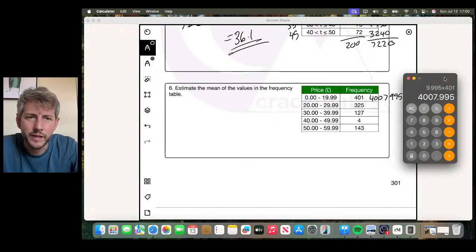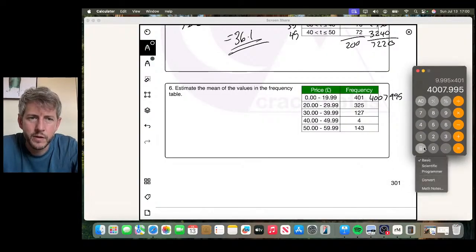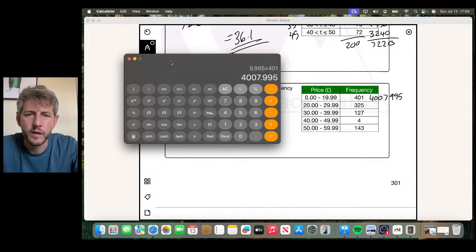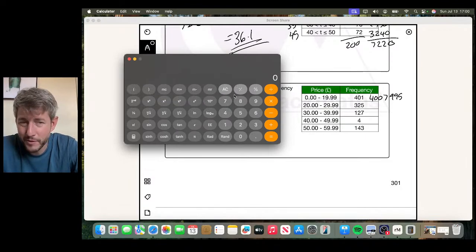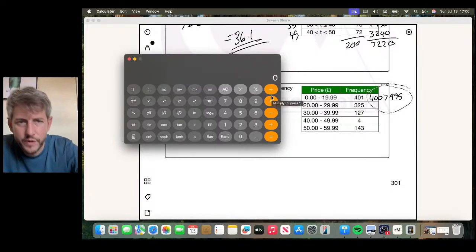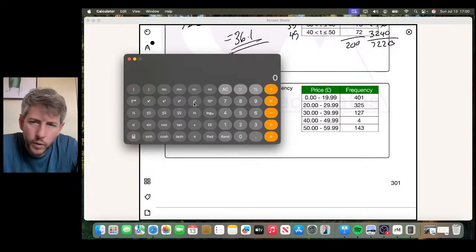I'm actually going to go into scientific mode and just get all this written down in the calculator. So this is really lazy because I'm not in an exam. You'd obviously always show your working out, but I don't want to have to write down all of these numbers.